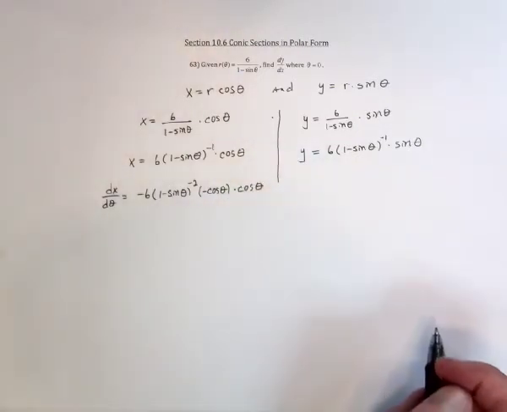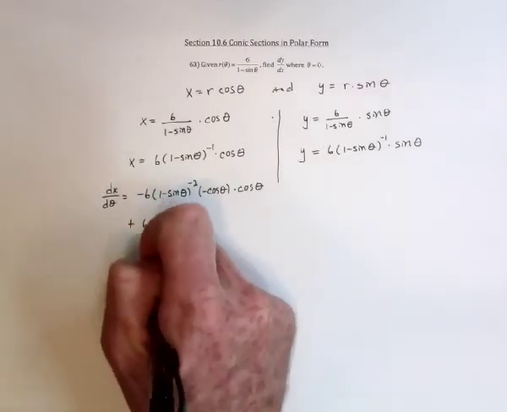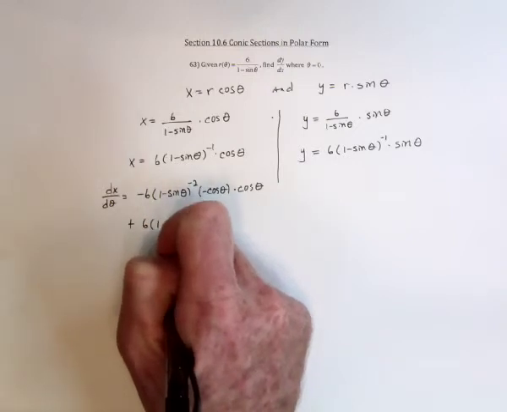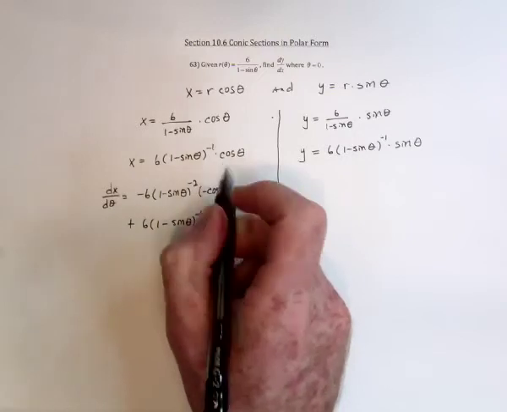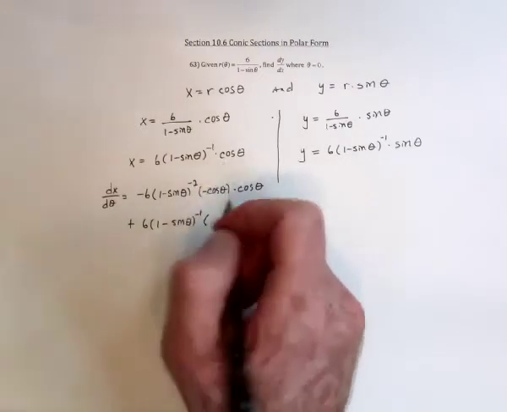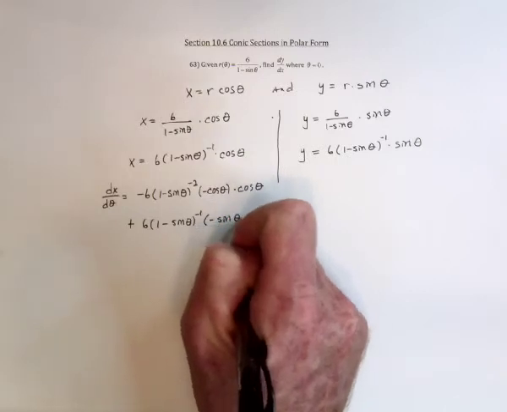So at this point we're halfway done with the product rule. Then say plus, this time leave the 6 and 1 minus sine of theta to the negative 1 alone, and then take the derivative of this, so it's going to be negative sine of theta.